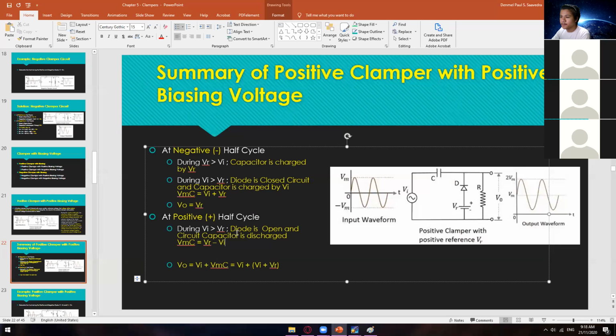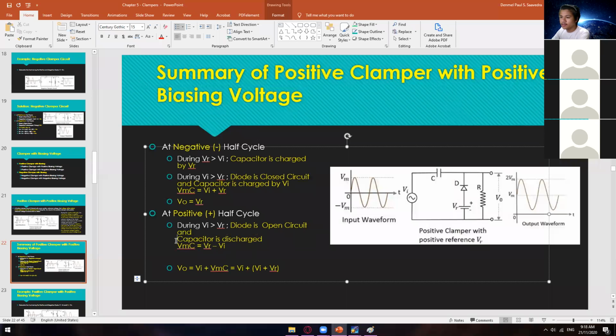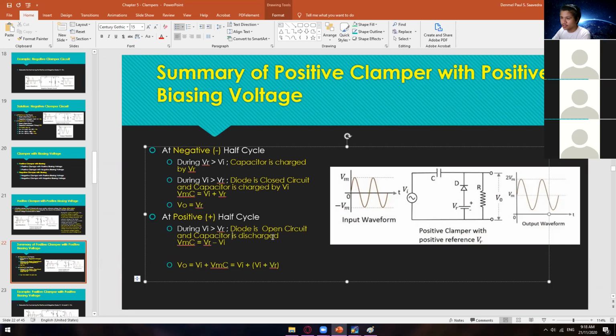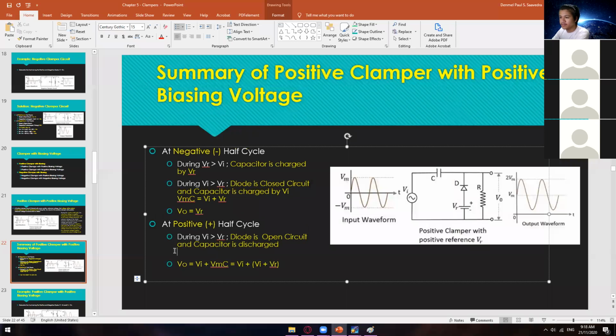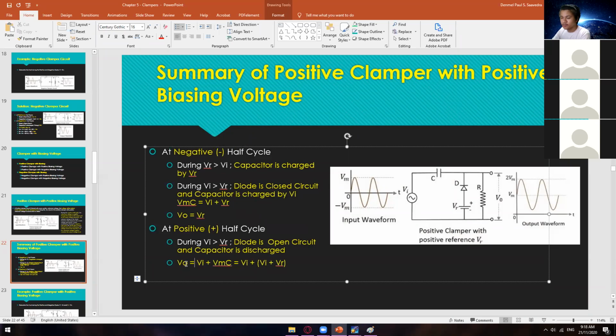Yeah, so diode will become open circuit, and this open circuit, and capacitor is discharge, wherein VMC is equal to, wait, this one will not be charged because it will be discharged now. So V sub O is equal to V sub I plus VMC. Yeah, so that's the correct explanation on this one. So during the closed loop, it will be charged, and then during the open loop or open circuit, it will be discharged. Okay.